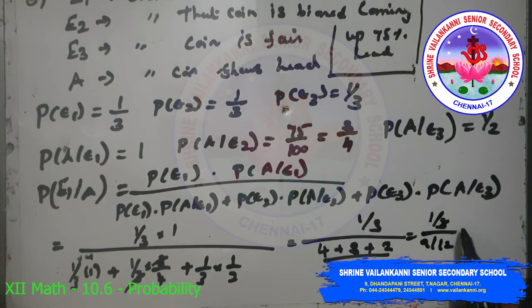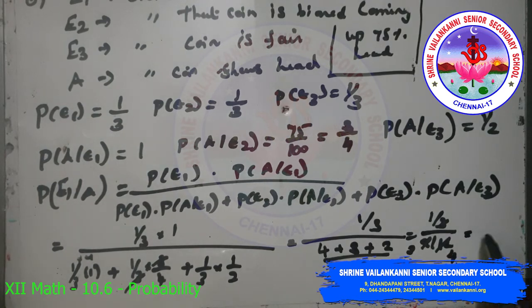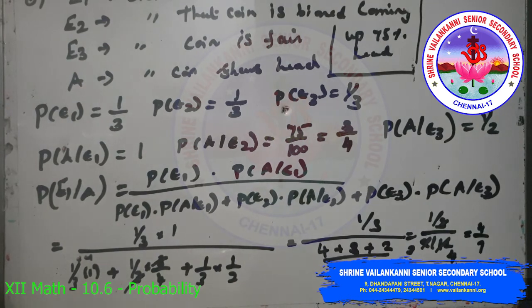We can cancel this 3 times 4, which is equal to 4 by 9. So the required probability is 4 by 9.